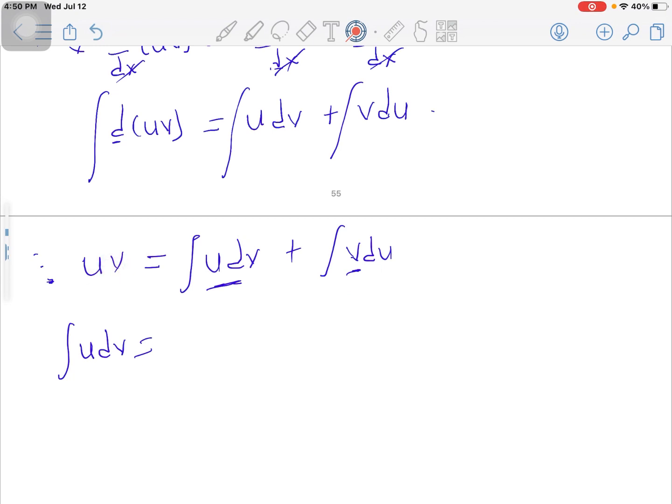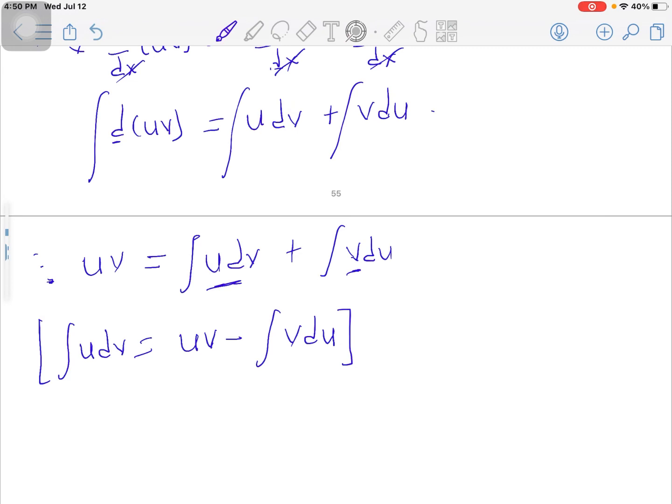Then I'll be able to get this one standing alone over here. So the final result is going to be uv minus the integral of v du. So now this is what we call integration by parts.